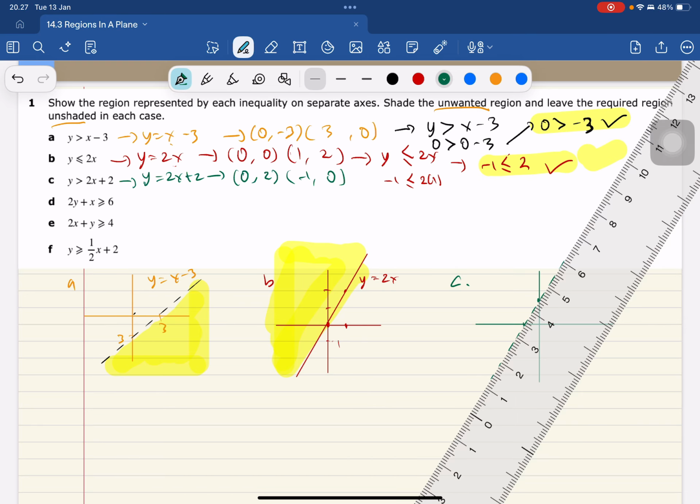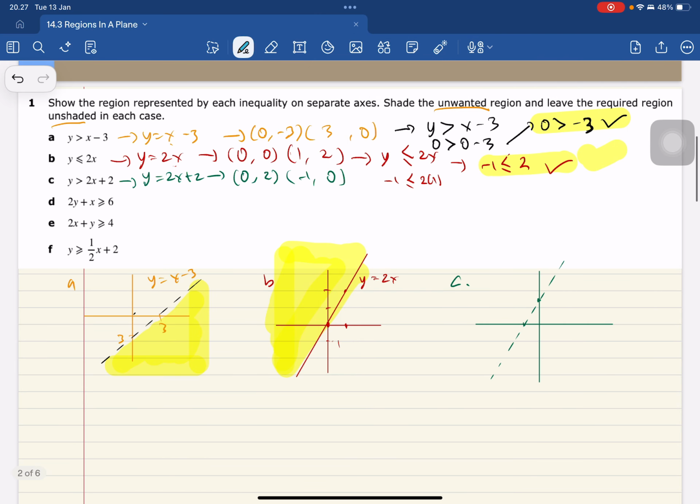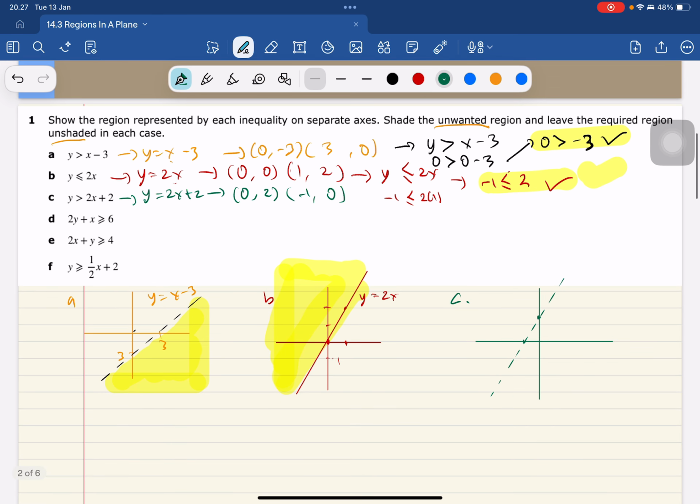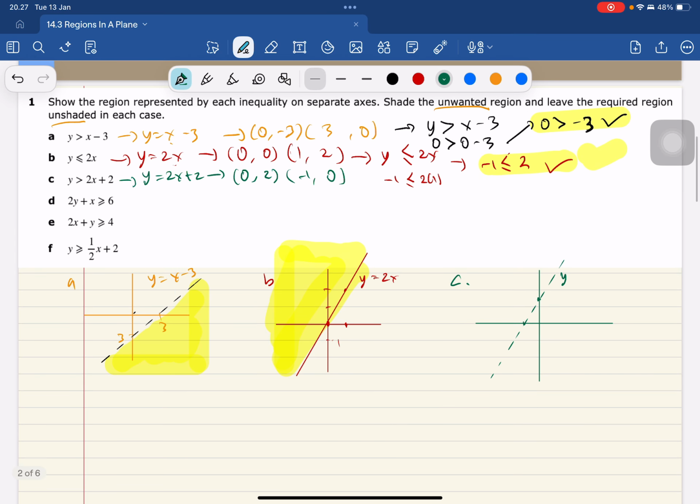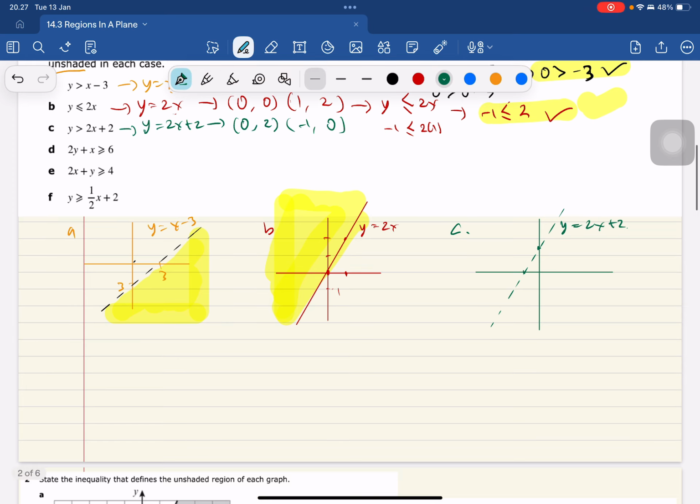Now let us find the unwanted area, which will not satisfy the inequality. This is the line y equal to 2x plus 2. To test it, let me write y bigger than 2x plus 2.